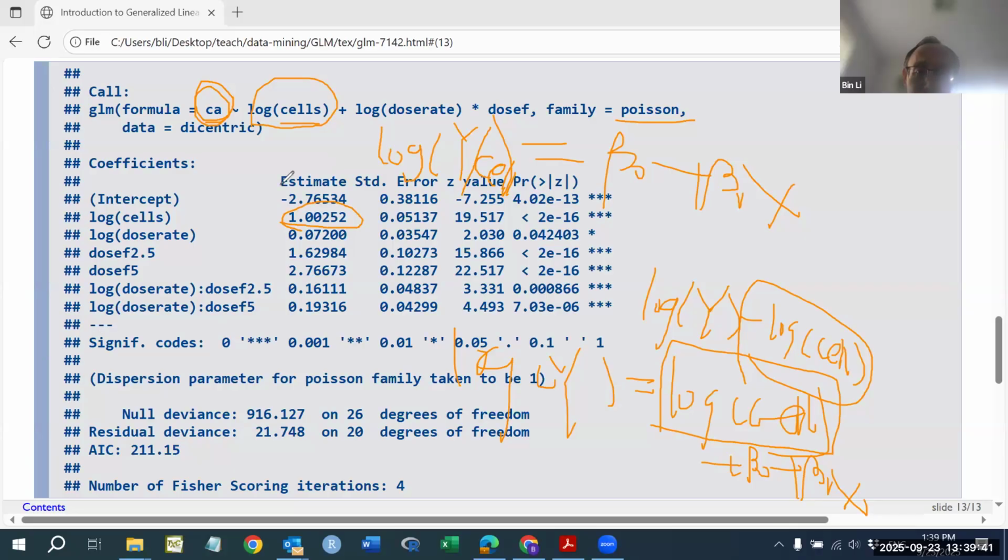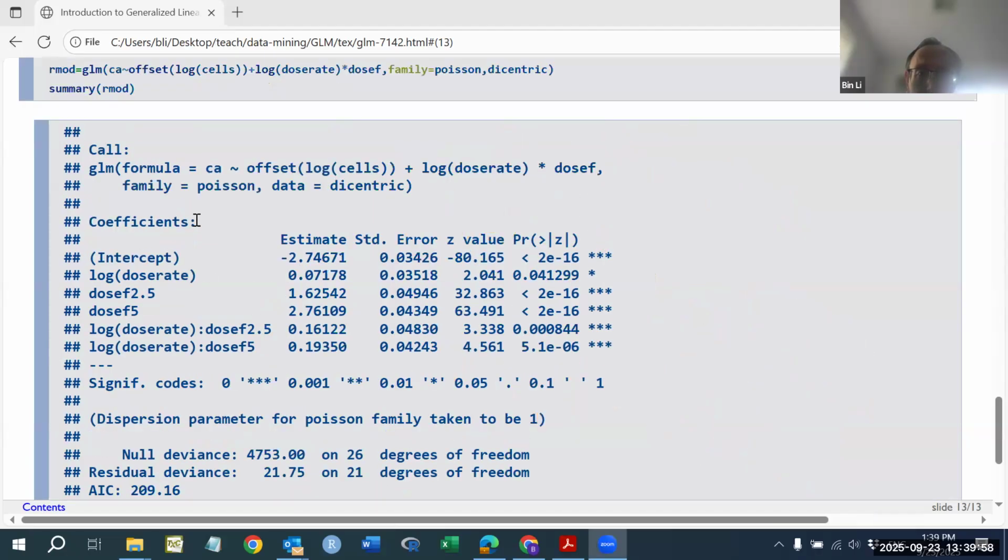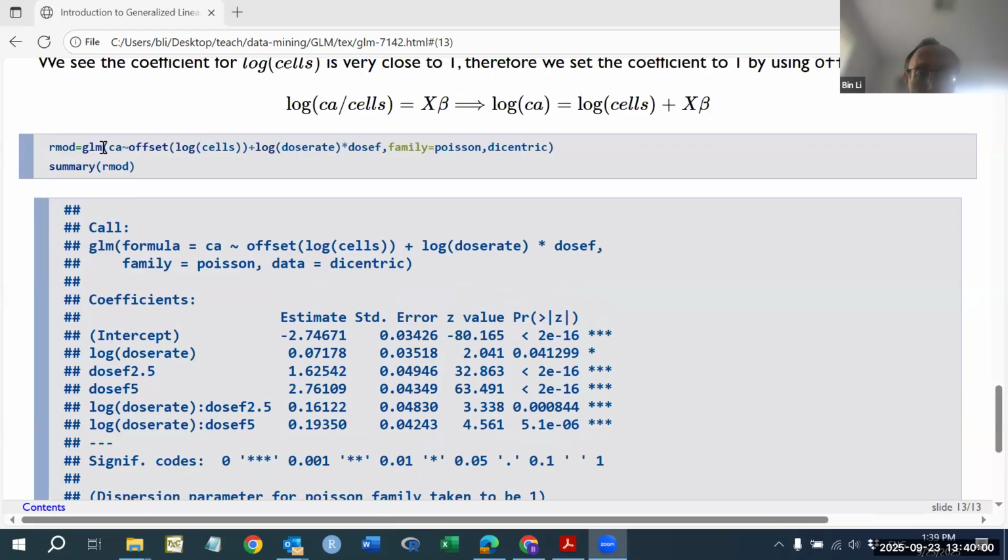So this model is just to convince you that we should include the cell size to model the rate instead of the count. So then we still fit the Poisson model. Now this time we have a term called offset for the log cell.